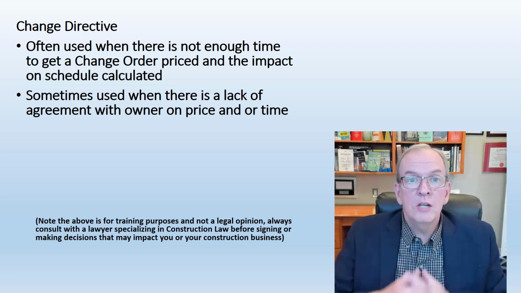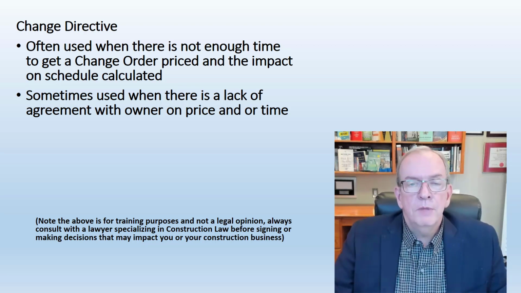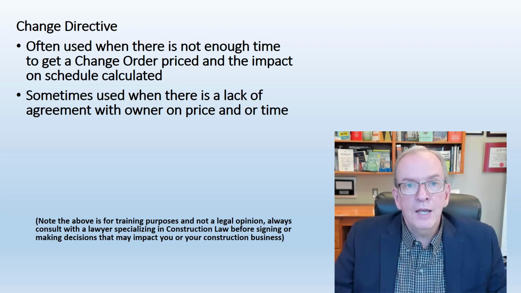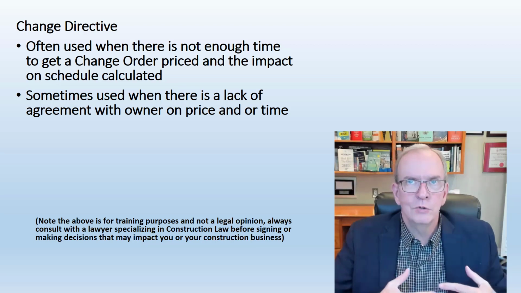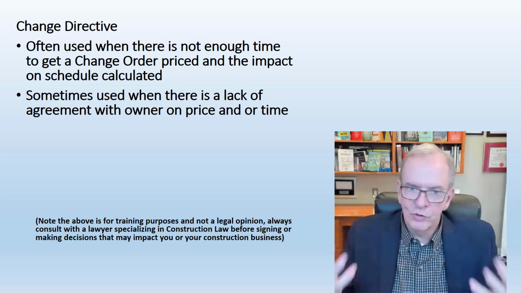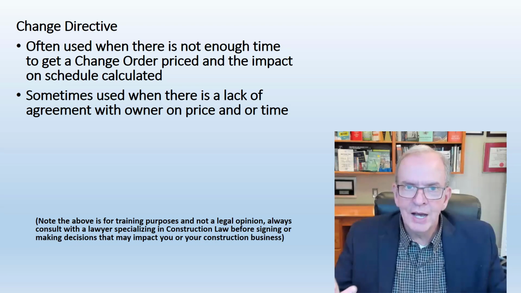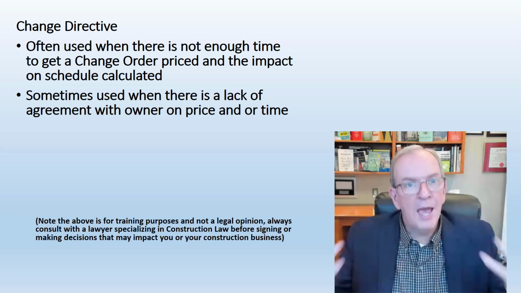A change directive is generally used when there's not enough time to go through the whole process of getting a change order. A change order is when something has changed in the contract that's going to require extra time and extra money.